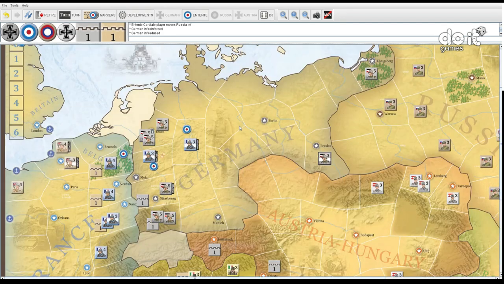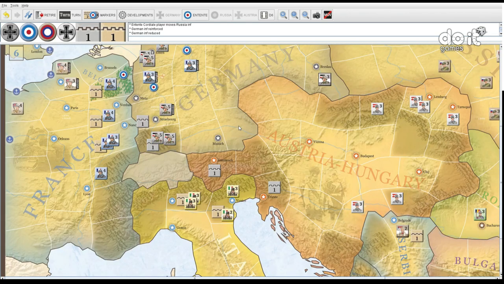Now creating units. Where can I create units? I can create units always in the home control areas of the country with a city, or areas adjacent that the country controls. It's better to explain with examples, okay? But this is one condition. So areas of the country that have a city and that city is controlled, or adjacent to that.